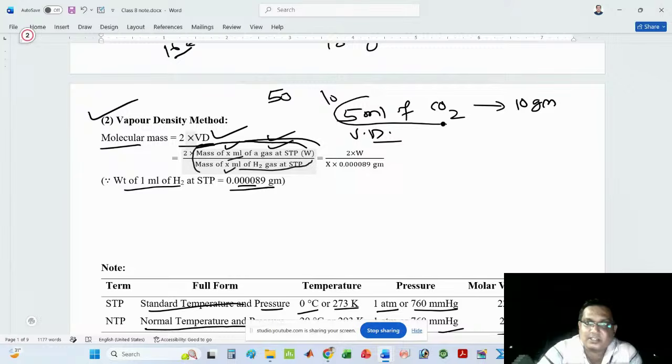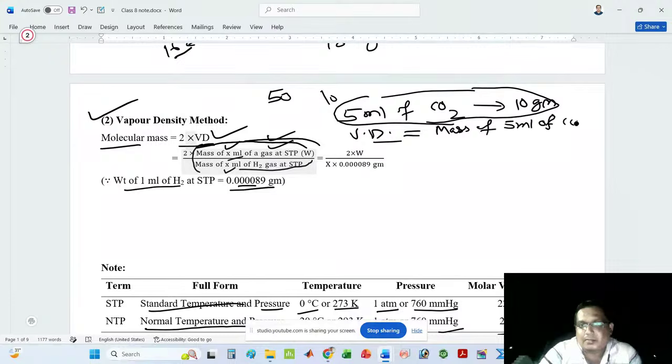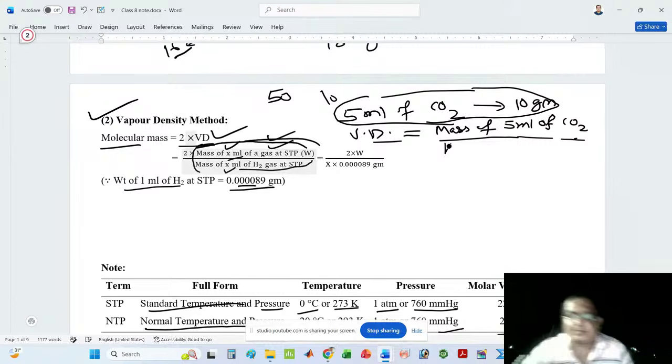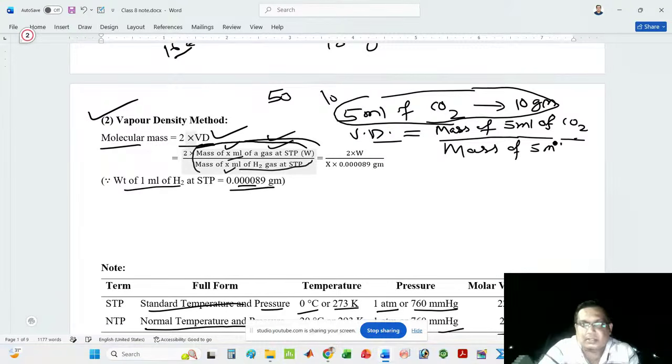Vapor density is equal to the mass of 5 ml of carbon dioxide divided by the mass of 5 ml of hydrogen. It is the formula to calculate the vapor density of 5 ml of carbon dioxide. Now we know that 5 ml of carbon dioxide weighs 10 gram, so you can calculate the vapor density.